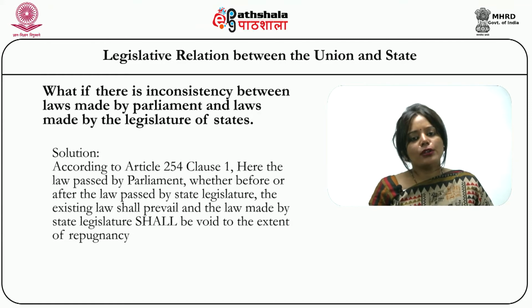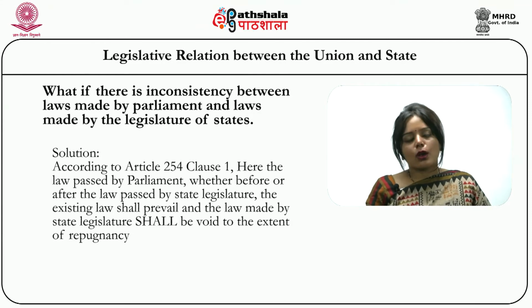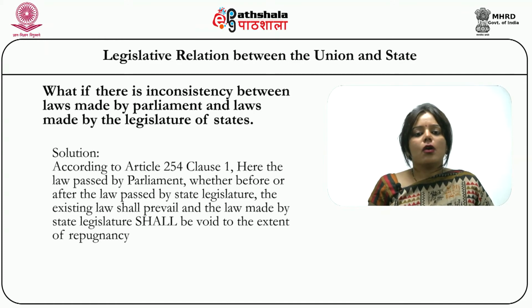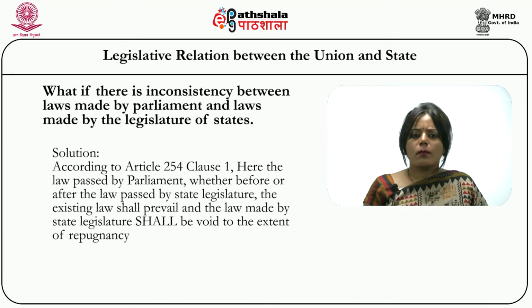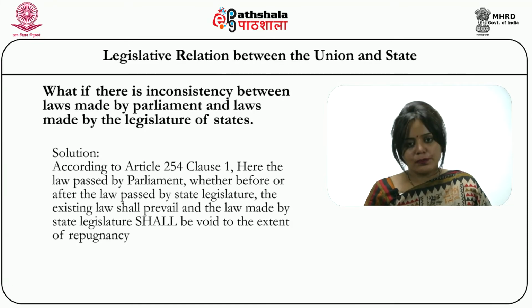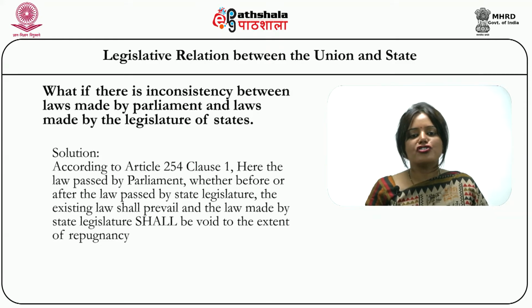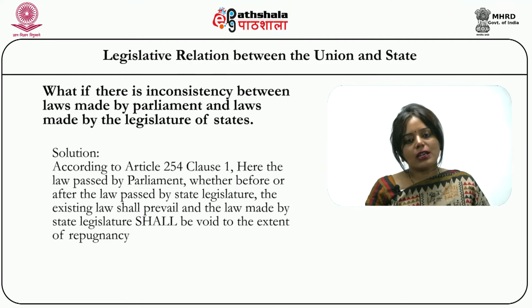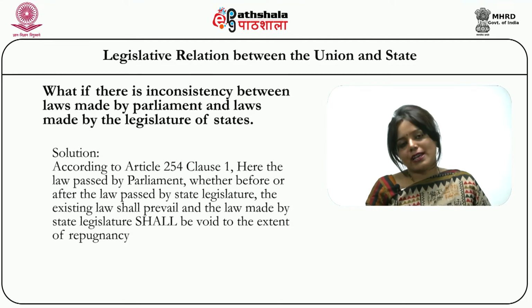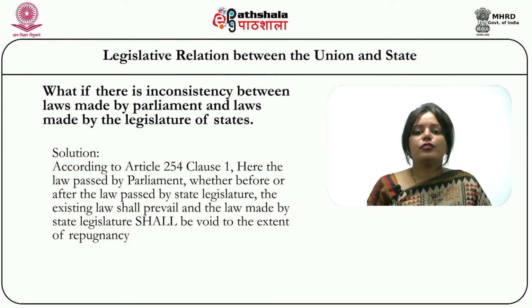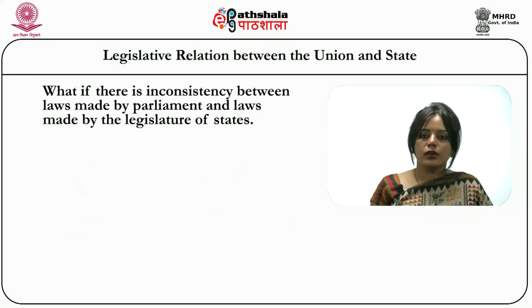Here, according to Article 254 Clause 1, the law passed by Parliament, whether before or after the law passed by the state legislature, shall prevail, and the law made by the state legislature shall be void to the extent of repugnancy. Here, the solution alone is not enough.